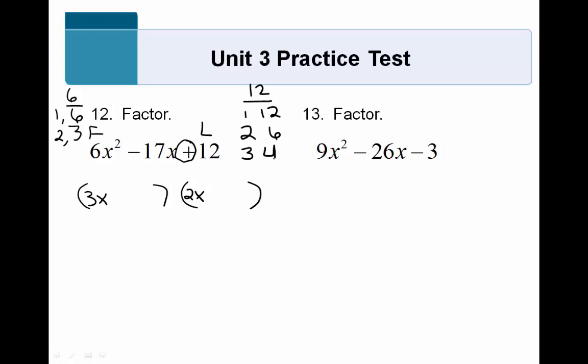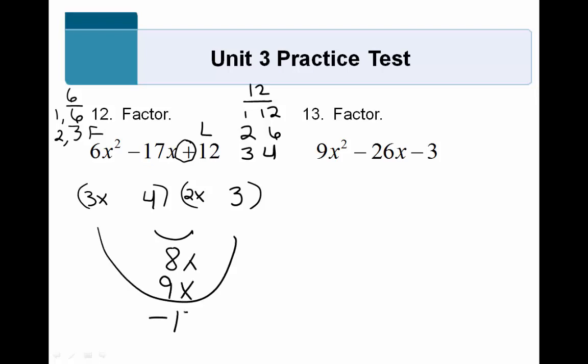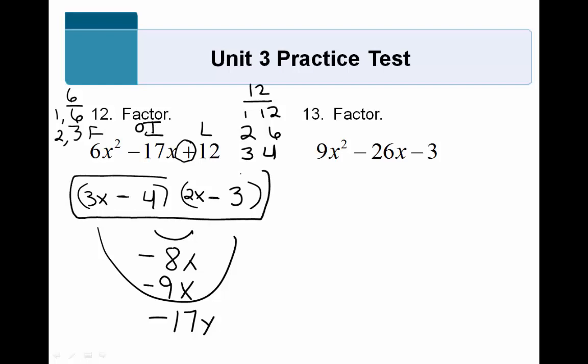And I will start with 3 and 4. Obviously I can't put the 3 with the 3, which means the 4 would have to go here and the 3 would have to go here. Let's check this out to see if it works. 4 times 2x is 8x. 3x times 3 is 9x. And we're looking for a negative 17x, the O and the I. My signs are the same as long as they're both negative. That works out. 3x minus 4 times 2x minus 3.